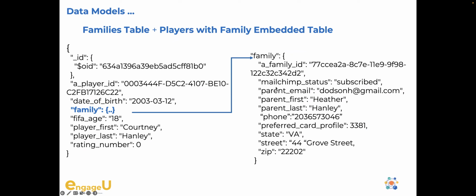We can use triggers to maintain that table rather than running that view and saving the result every 5 minutes. We can run a trigger that says, if the family's changed, update all the related player records. So a trigger can be set up to automatically update the related players when a family document is updated.